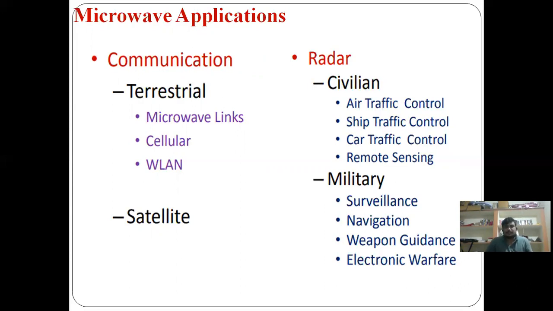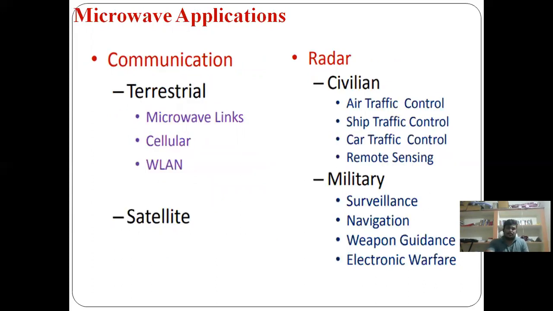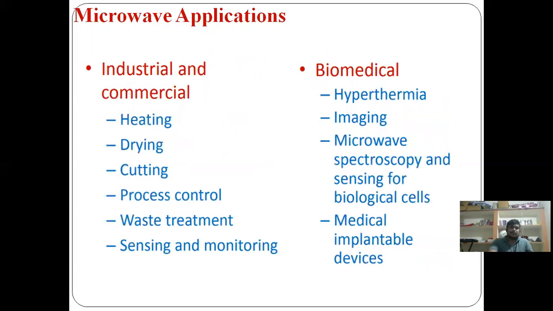Radars are used in civilian applications like air traffic control, ship traffic control, car traffic control, and remote sensing. In military areas, they are used for surveillance, navigation, weapon guidance, and electronic warfare. Beyond these, we have biomedical applications, industrial and commercial applications, and home appliances.